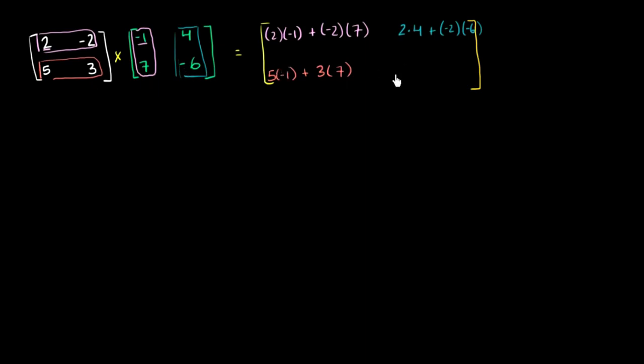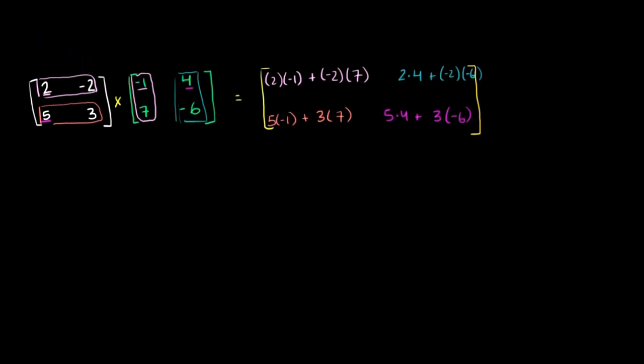To get this bottom row, second column, we multiply this row essentially by this column right over here. So it is going to be 5 times 4 plus 3 times -6. Now what does all of this simplify to?